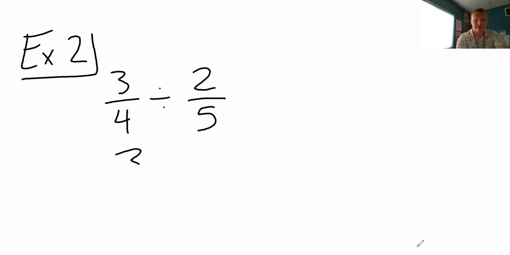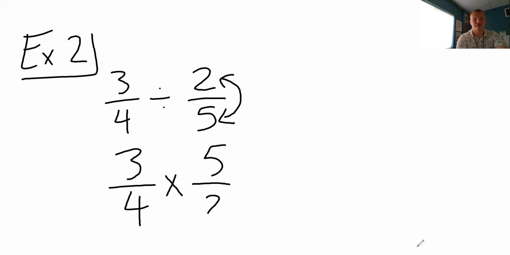I have 3/4 times, and then I'm going to take the reciprocal of my second fraction, which is going to be 5 over 2. So you're taking 3 over 4 times 5 over 2.